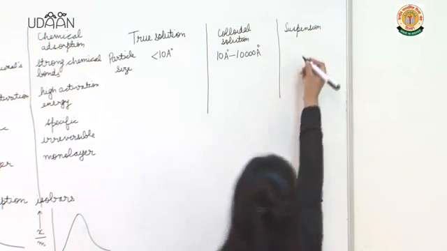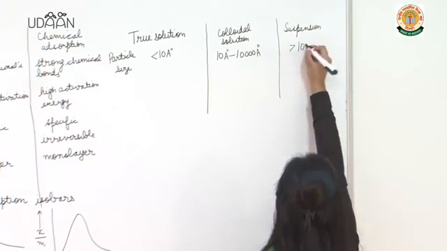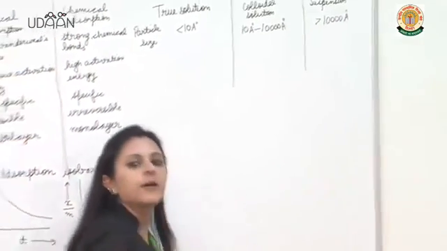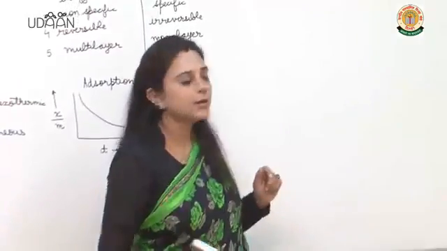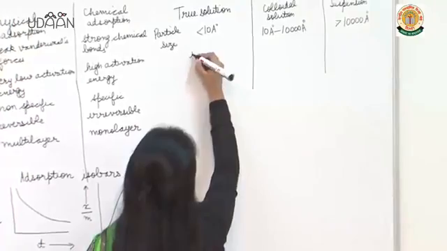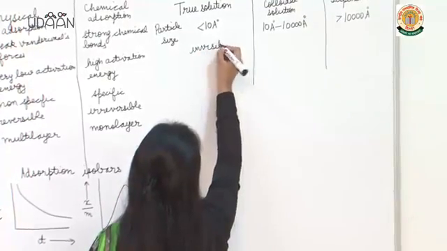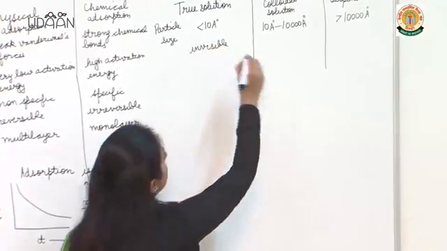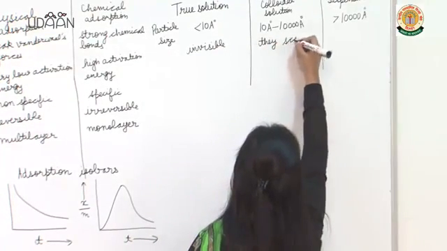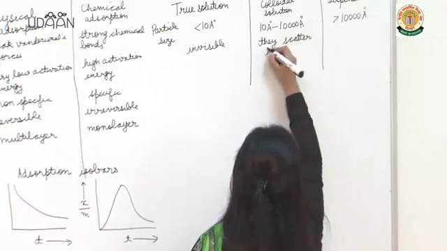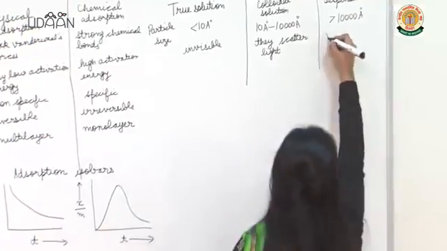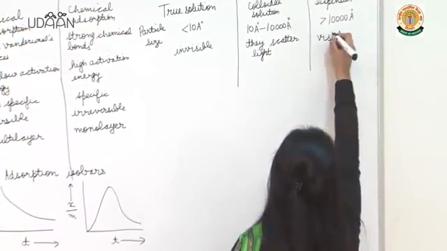And for suspension, it is greater than 10,000 angstrom. Now we can talk about visibility. In a true solution the particles are invisible. In a colloidal solution they scatter light, that is, they show the Tyndall effect. And for suspension the particles are visible.